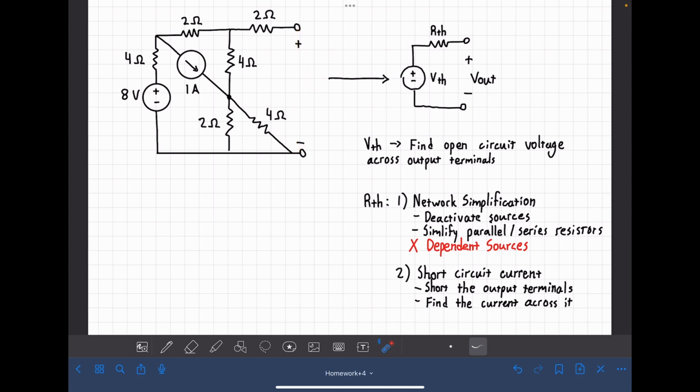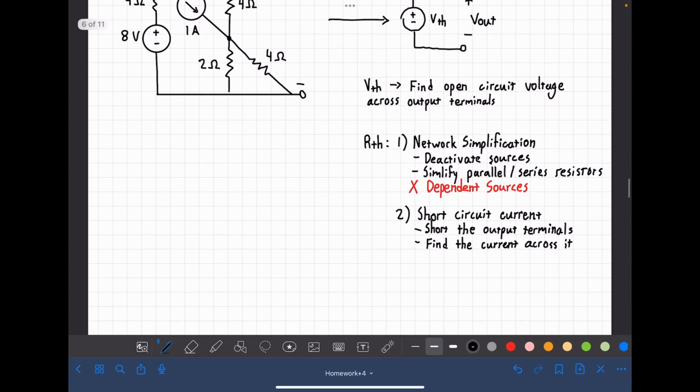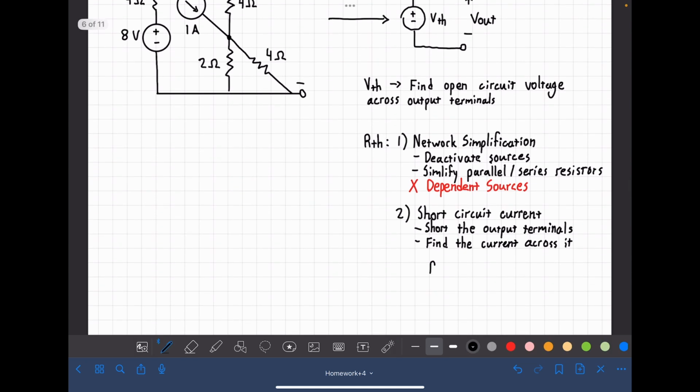And because of Ohm's law, V equals IR, and we already found the voltage, we know that R Thevenin is going to be equal to our Thevenin voltage divided by the short circuit current.